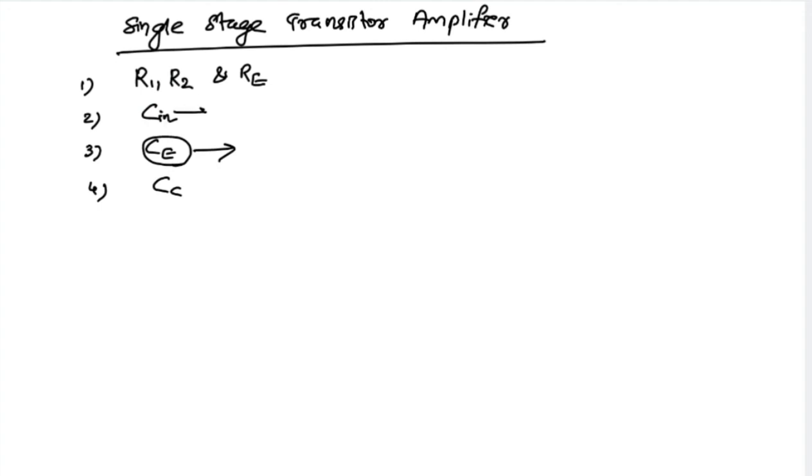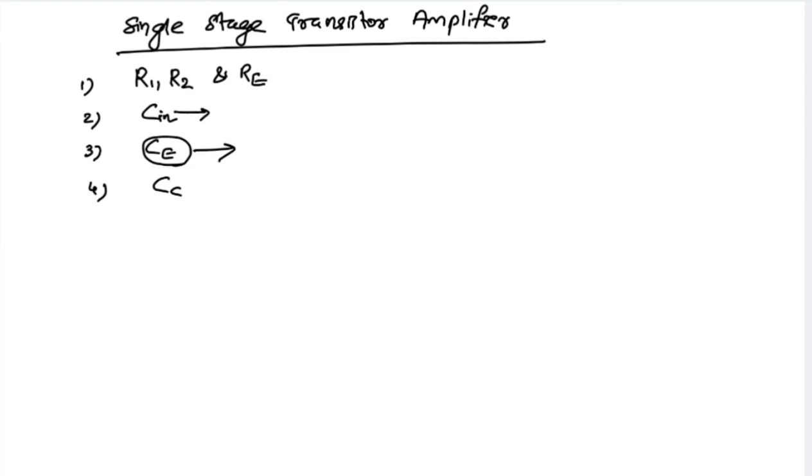Input capacitor Cin is used to couple the input stage to the base of the transistor and also to isolate the DC conditions of the input signal source, isolating the signal source resistance from the base resistor. So we are using Cin for two purposes. First, to couple the input stage to the base, and second, to isolate the DC signal source resistance from the base resistor.